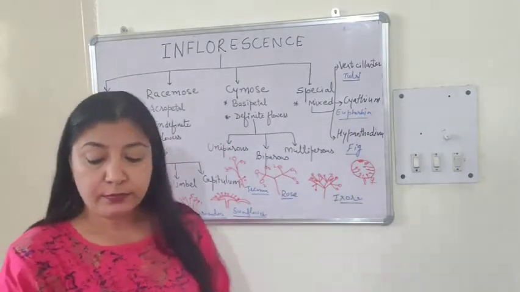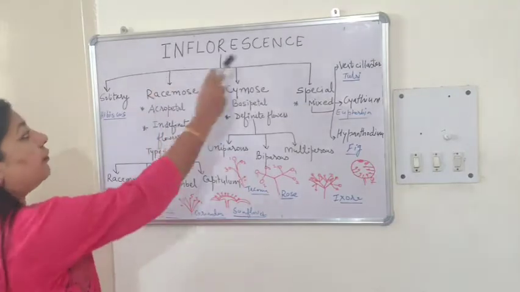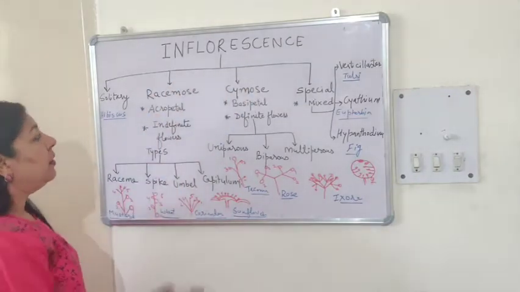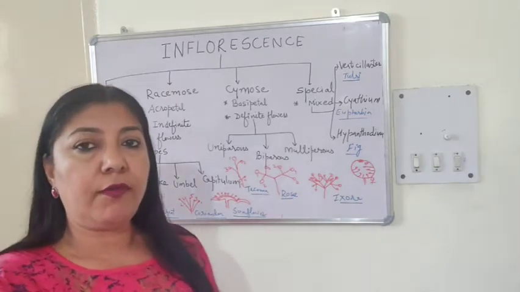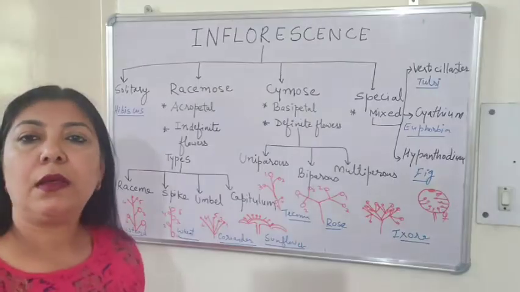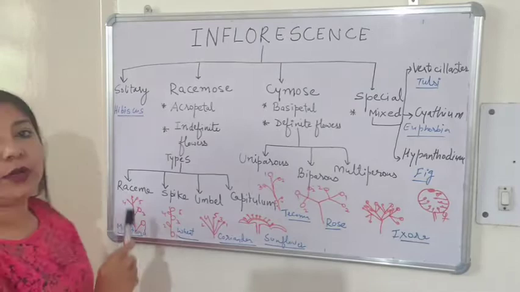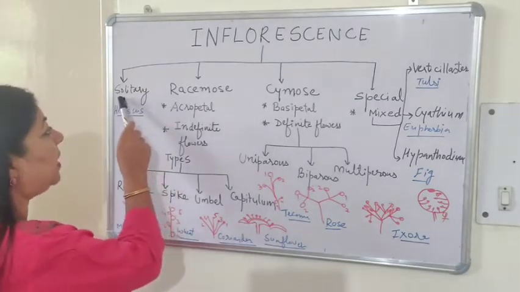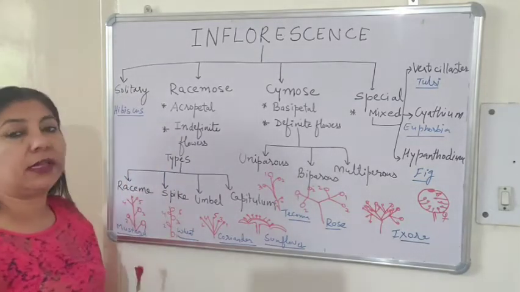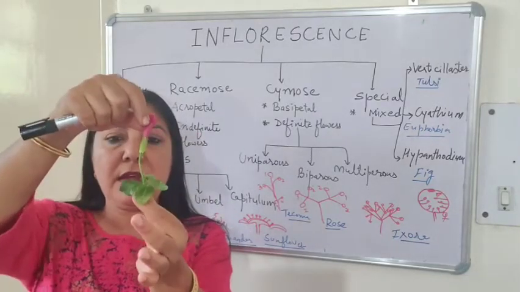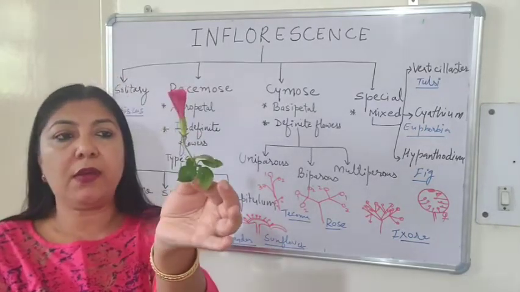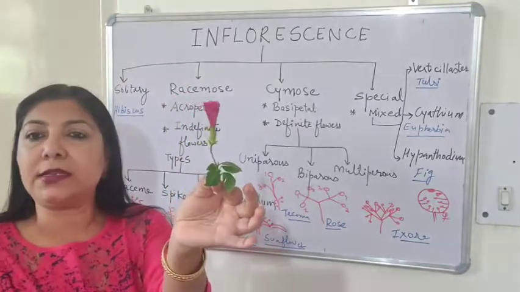Let's see. Here is a flow chart I have drawn. This flow chart shows 4 types of inflorescence. The first is solitary inflorescence. Solitary inflorescence means only one flower is there on a floral axis.